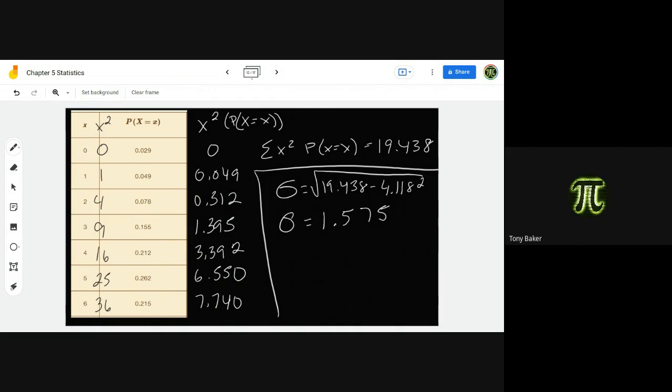So you added up all of those numbers and you got 19.438. And then you're subtracting the mean from that, from the question before. Yes. Okay. Yep, the mean squared. So that's why it's 4.118 squared. Yeah, it's the mean squared. And that's how you get 1.5. And then you do the square root of that, and that's how you get the 1.575.